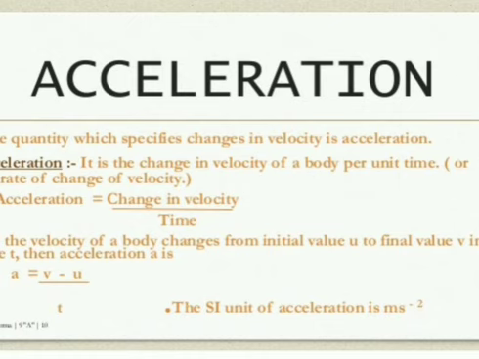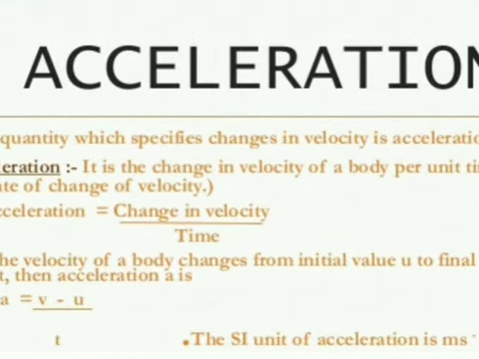So the change in velocity upon time is called acceleration. I can write here: final velocity minus initial velocity upon time is called acceleration. So what will be the definition of acceleration? It is the change in velocity of a body per unit time.